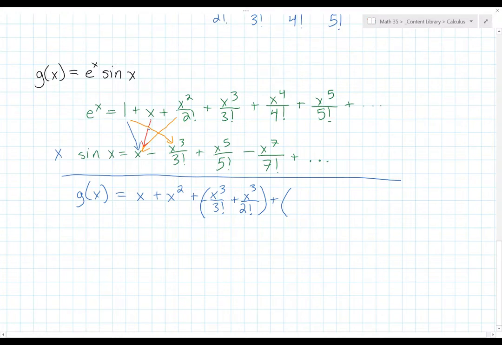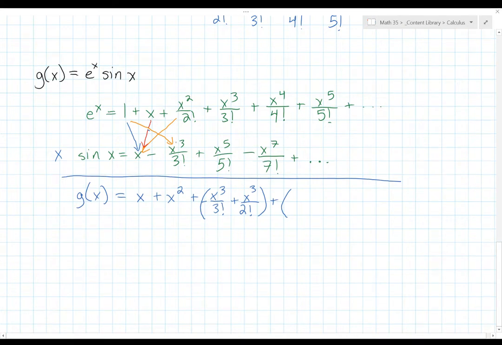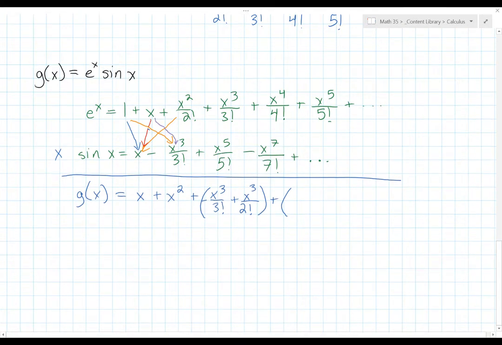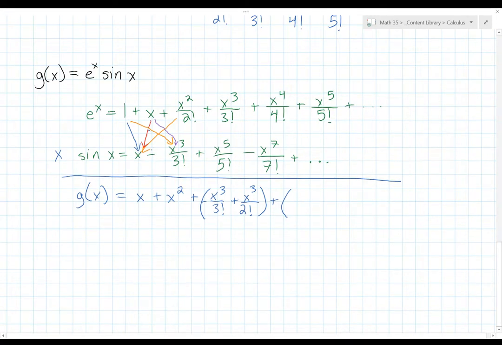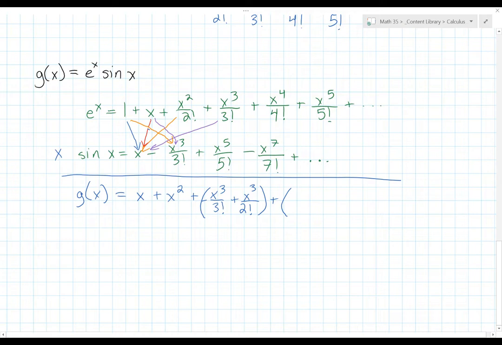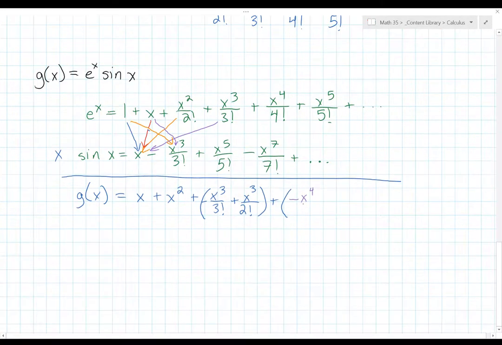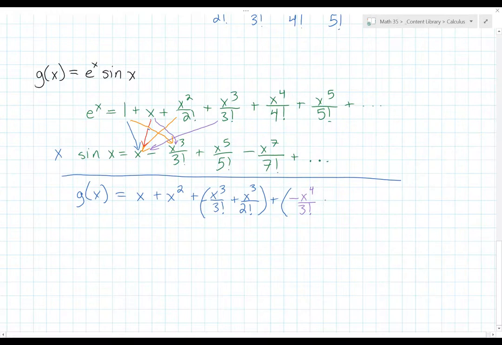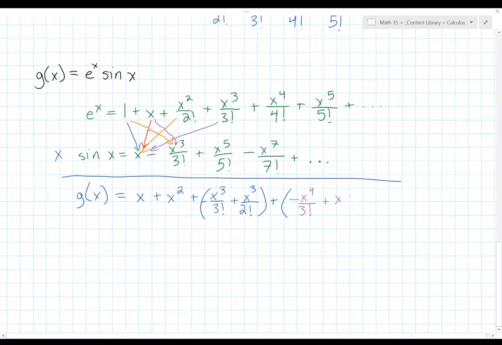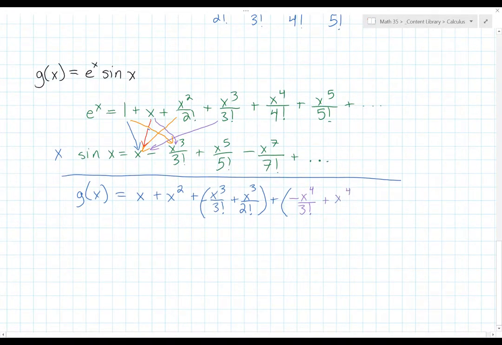My degree 4 term is going to come from x times x cubed over 3 factorial, and it is going to come from x cubed over 3 factorial times x on the other side. Okay, so I'm going to write those down. So I've got minus x to the power of 4 over 3 factorial plus x to the power of 4 over 3 factorial.